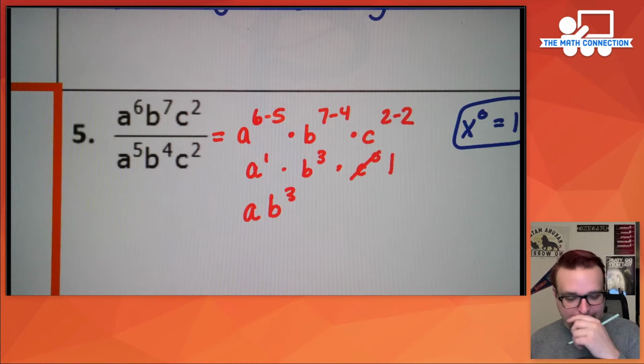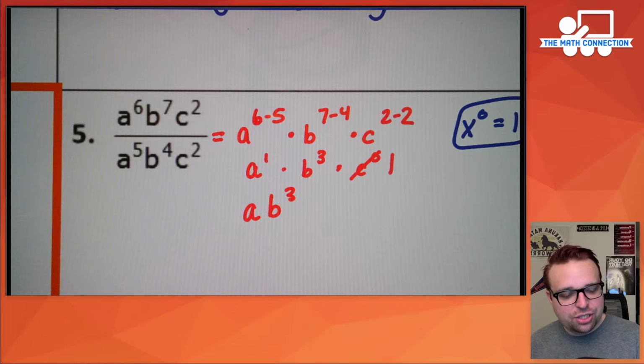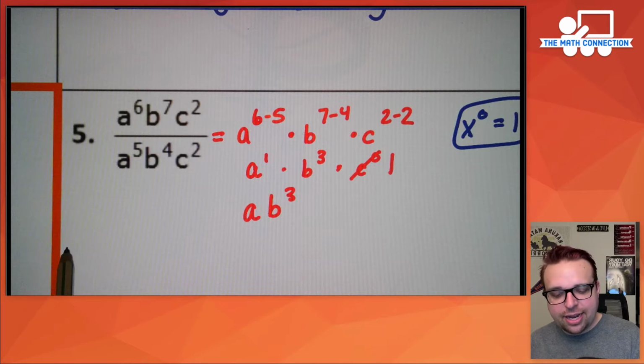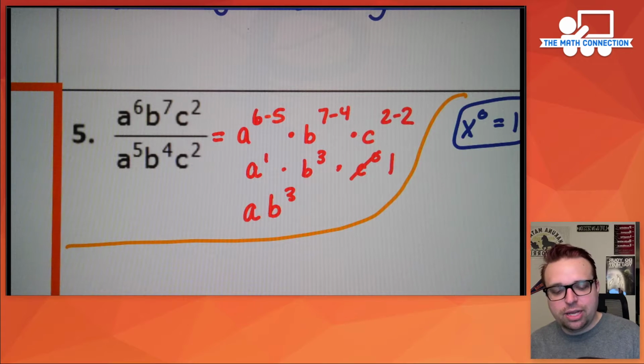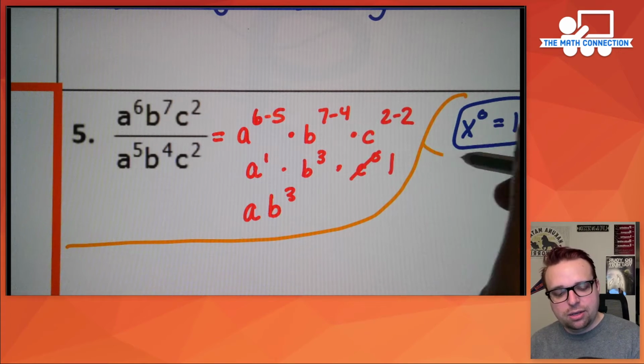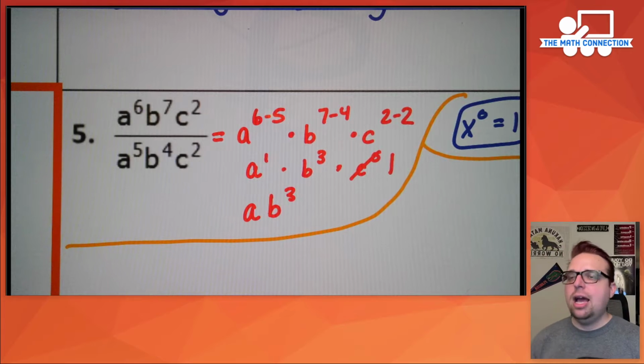Yep. Okay, another strategy you can apply for a problem like this, which I find helps if you are having trouble remembering the rules, is a to the 6th. Another way to represent a to the 6th power is a times a times a times a times a times a.